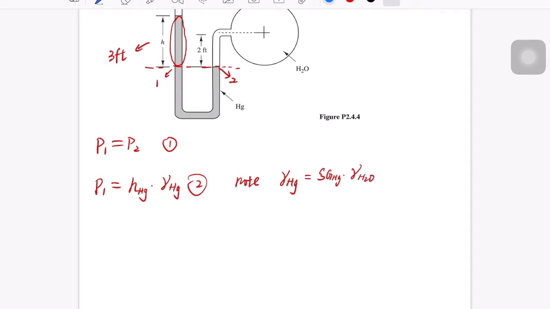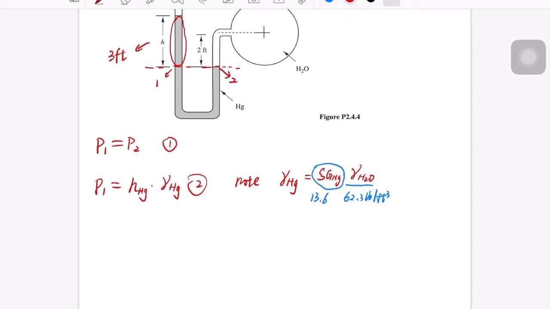For this value, the specific gravity is 13.6. We can find this value online or in the book. When the problem doesn't provide the temperature of the water, the commonly used value for the specific weight of water is 62.3 pounds per cubic foot.